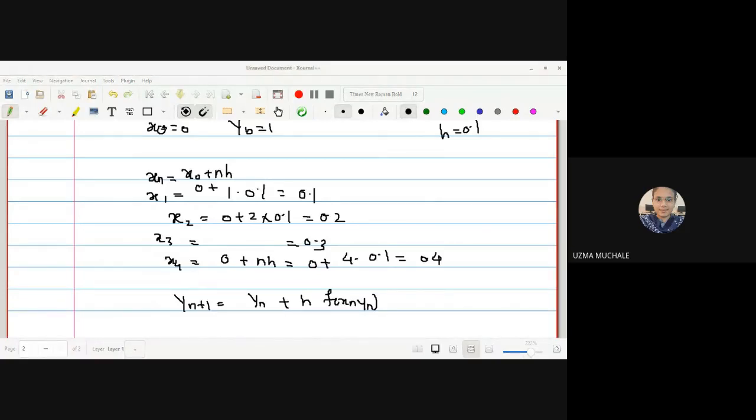Now put n equal to 0, we will get the values. If we put n equal to 0, we will get the first value, that is y1.